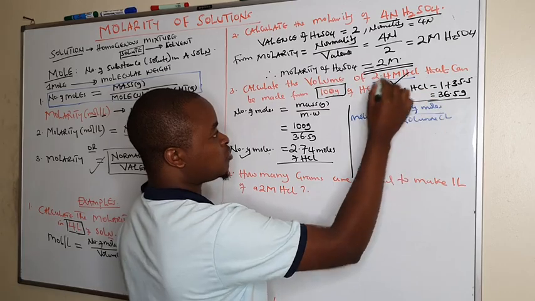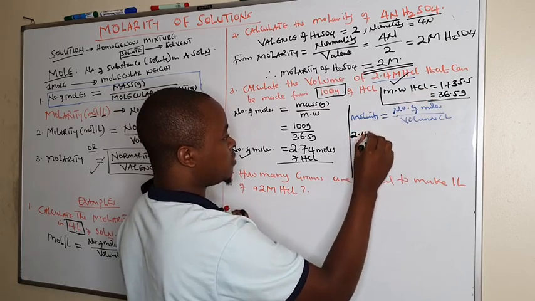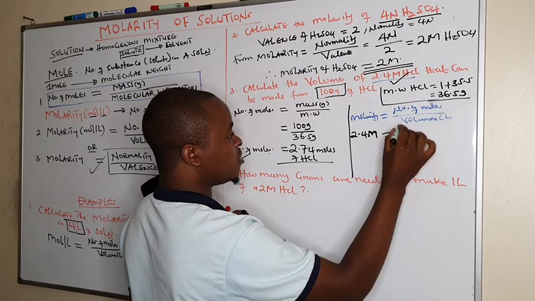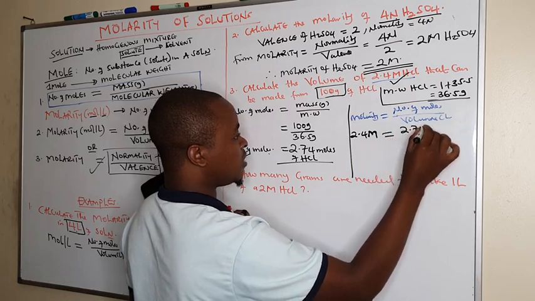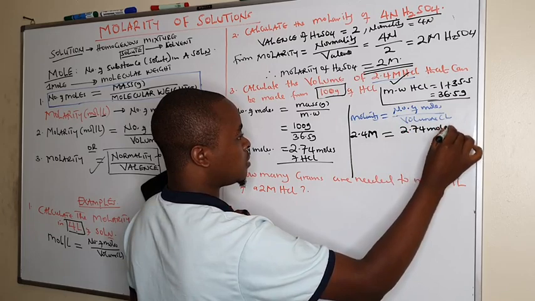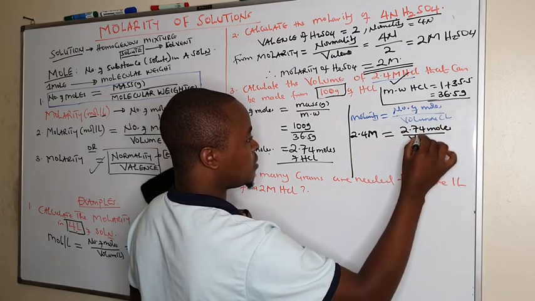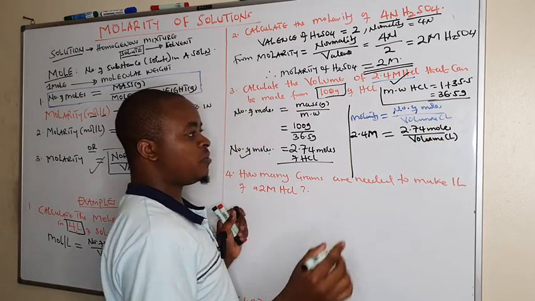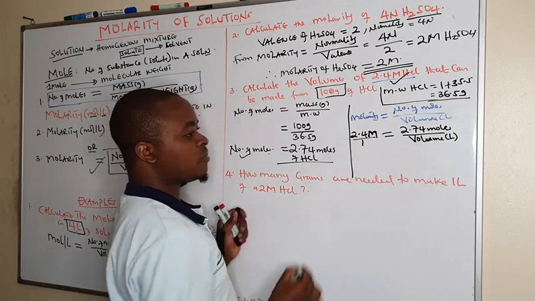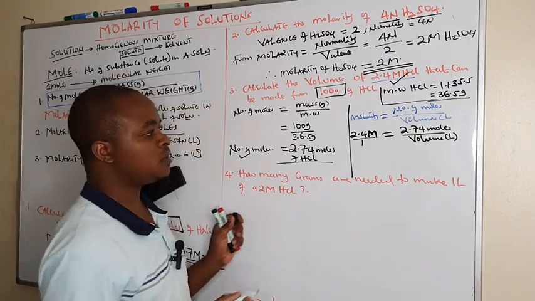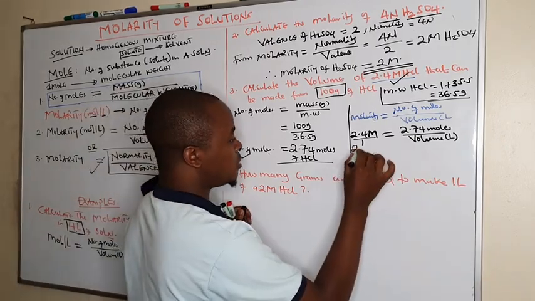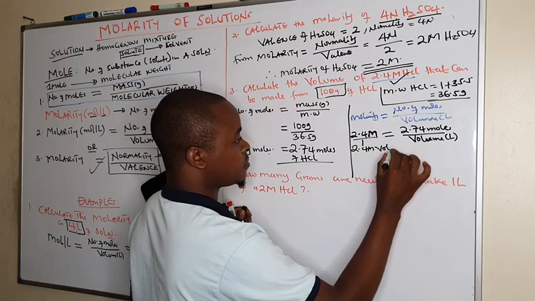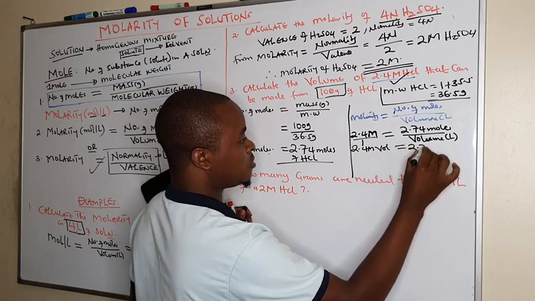So molarity is 2.4 molar, equal to number of moles, which is 2.74 moles, divided by volume. Then from here I make volume the subject of the formula by cross multiplying, whereby I am going to get 2.4 molar times volume equal to 2.74.